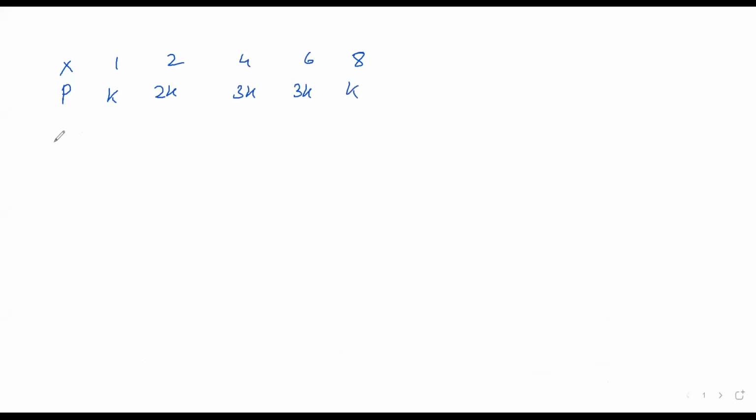Now we want standard deviation, so we'll have to first find out the variance. It is E of X square minus E of X whole bracket square.